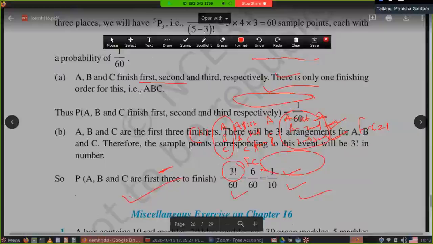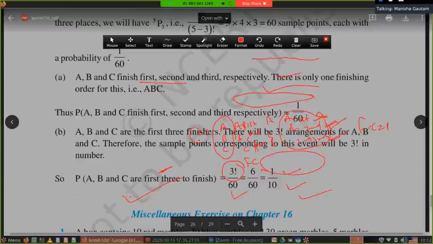So you must understand the difference between the first part and second part. In the first part, it is fixed. A will finish on the first position, B on the second position and C on the third position. It means only one case is there, A, B, C. That's why one favorable case is there, 1 upon 60 is the answer.